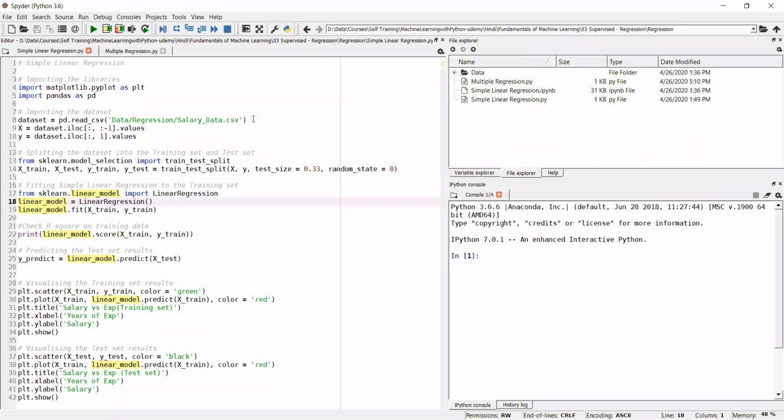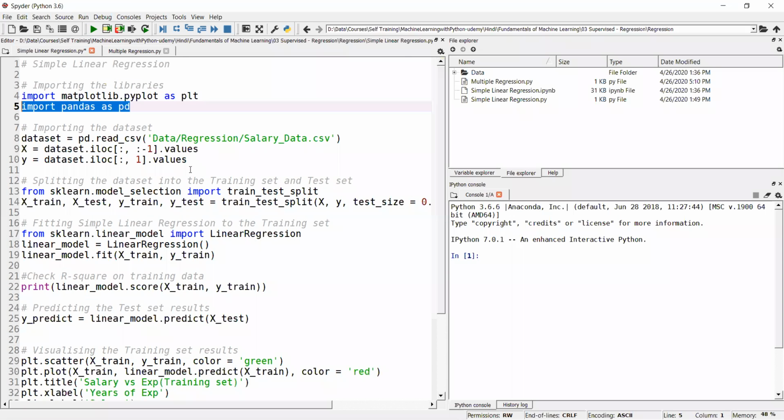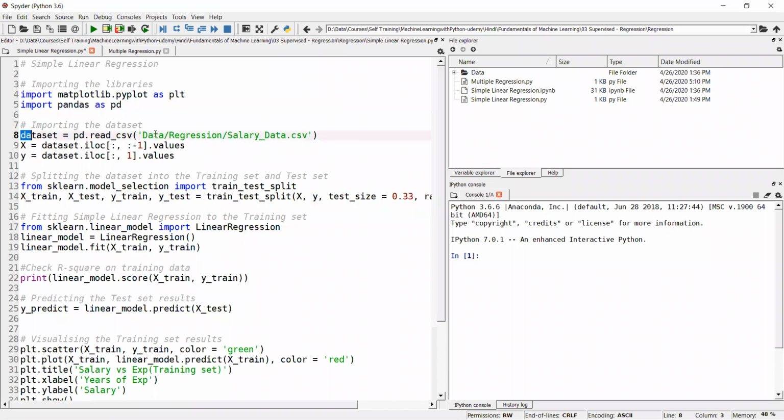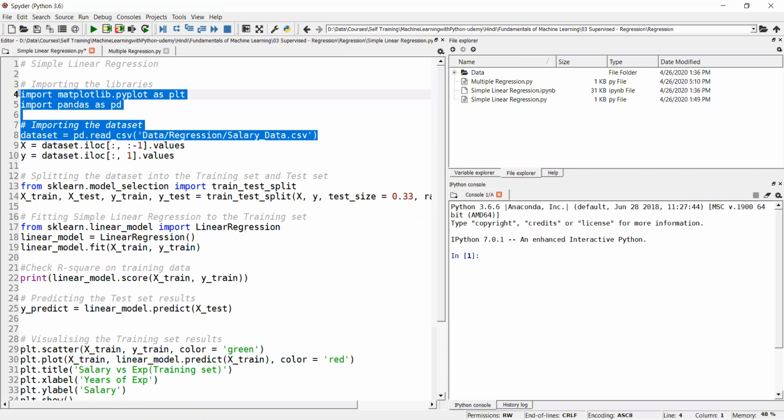I am not typing anything. For simple linear regression, first of all, this library matplotlib is to plot the graph. Then we are importing the pandas library, line number 5. Now in line number 8, we are importing the data set. So first we'll import the data till that point and see what we get.